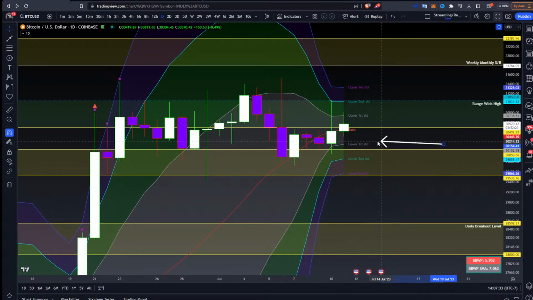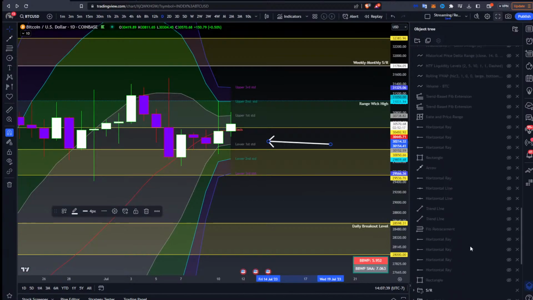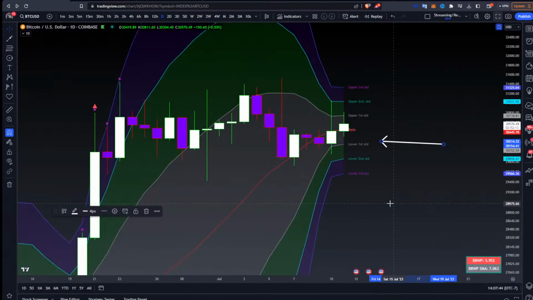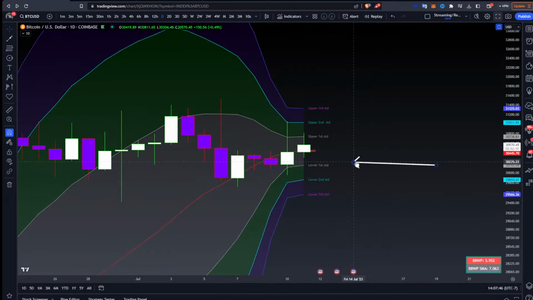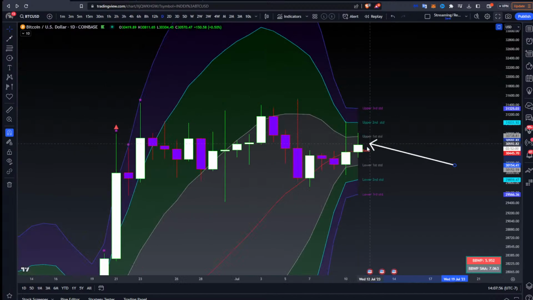So that can often happen, along with what we just saw intraday with the fake out to the upside, and then the aggressive sell-off from the upper second standard deviation. It's a non-zero chance that we would see a fake out to the upside or downside that deviates the range as well.